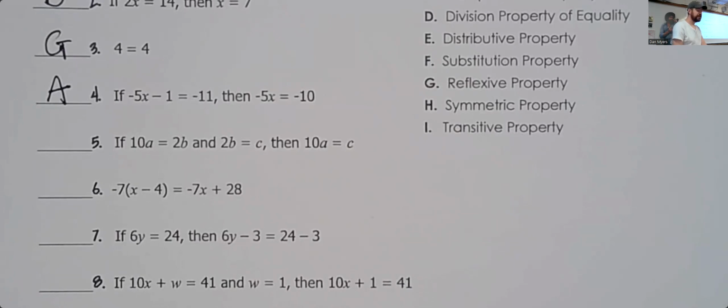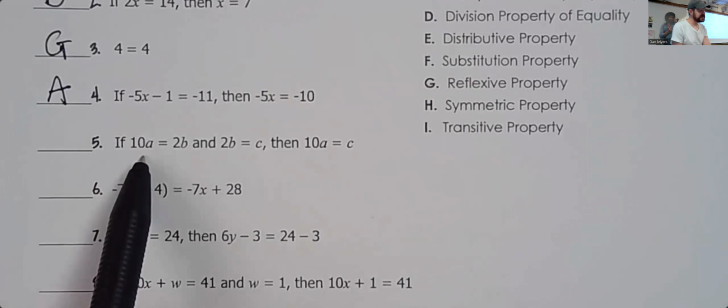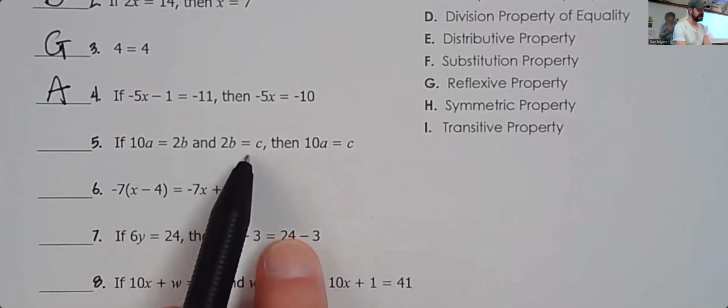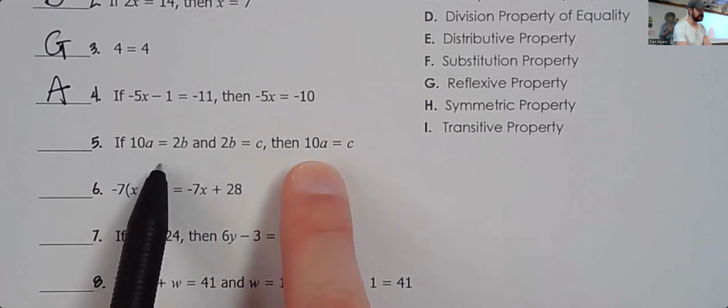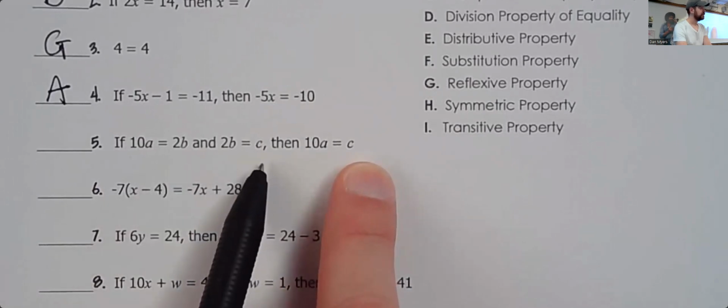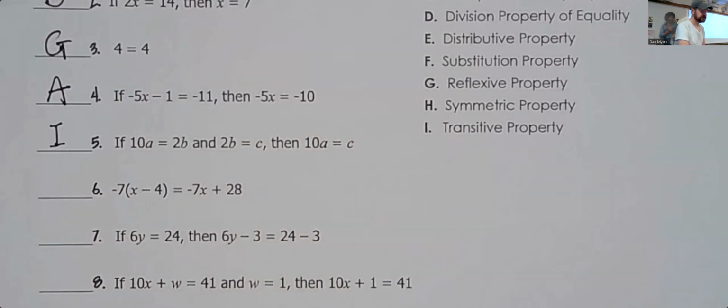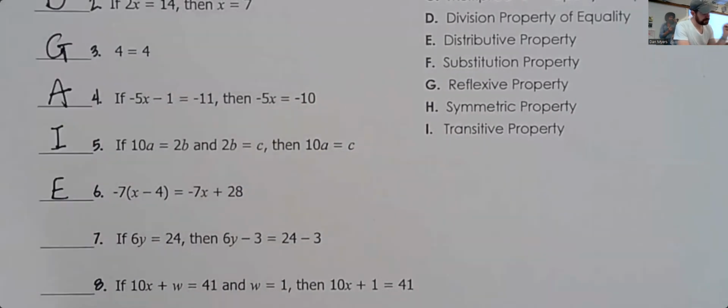What do you think about 5? Yeah, it is I. If the first thing is equal to the second thing, 10A equals 2B, and the second thing, 2B, is equal to the third thing, C, then the first thing, 10A, is equal to the third thing, C. So that would be the transitive property, I. 6, E, distributive property.